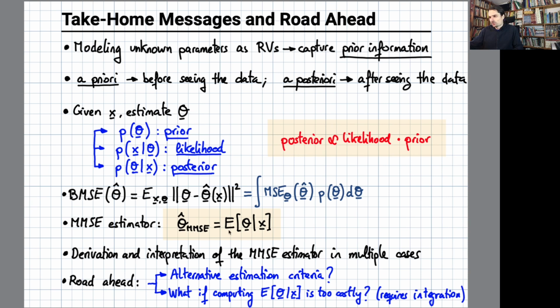In particular, this is an expectation, and therefore it requires, in general, multidimensional integration. And we know that integrals in several variables are typically very costly, in a computational sense.